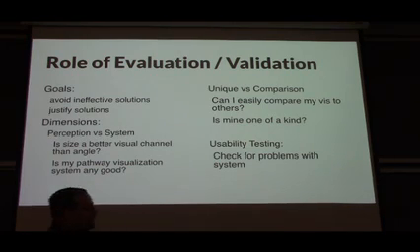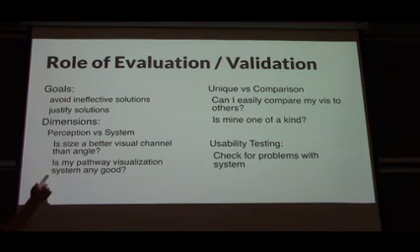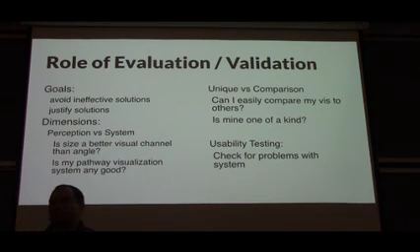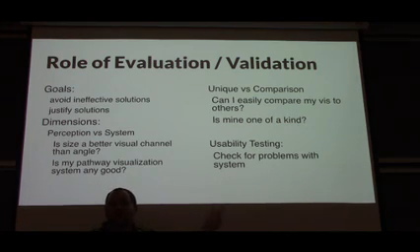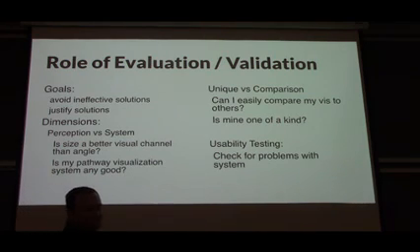So for example, a perception question would be, is size a better visual channel than angle? We can easily design an experiment to answer that question. We can do this in a lab study. We can deploy it on Amazon Mechanical Turk, and we will find an answer to that. But is my pathway visualization system any good? That is not as easy to answer, right? We have a much more fuzzy definition here.